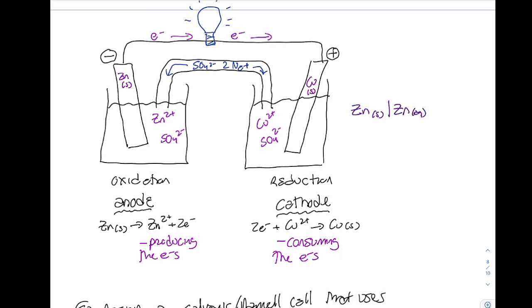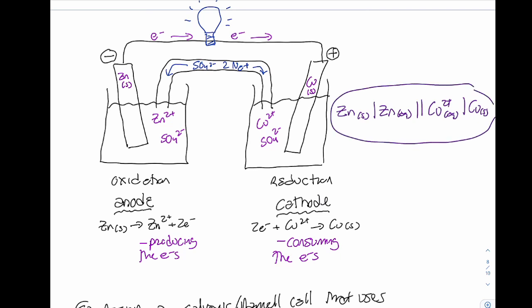I now have my salt bridge symbol, basically the separation between my anode and my cathode. Copper 2+, which is aqueous, and then copper solid, which is solid. Sorry, that was redundant, but this would be my shorthand notation for this one.